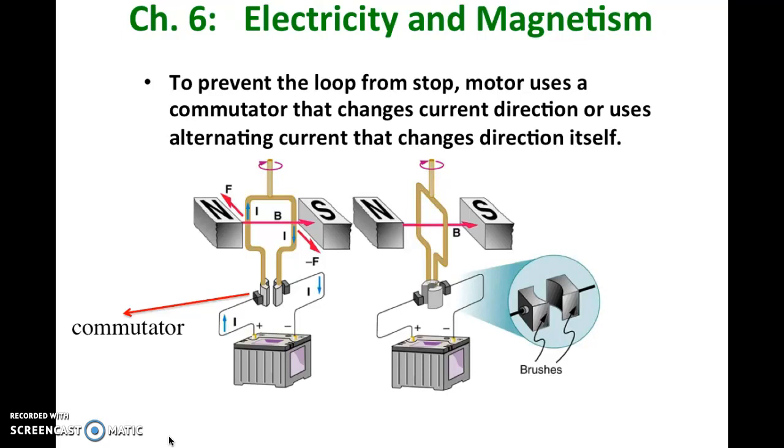An electric motor usually uses a commutator that changes the current direction, or uses alternating current that changes direction itself. We don't go into detail about the design of the electric motor. That's the physics: an electric motor uses the magnetic force to turn the current loop.